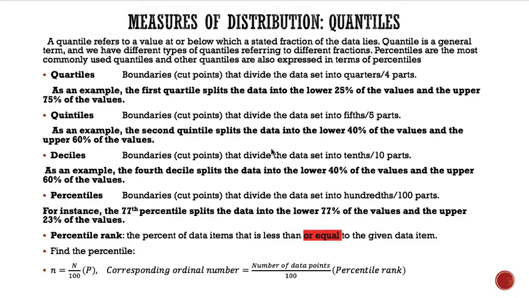The most commonly used quantiles are quartiles, quintiles, deciles, and percentiles. Quartiles are boundaries that divide the data set into quarters.